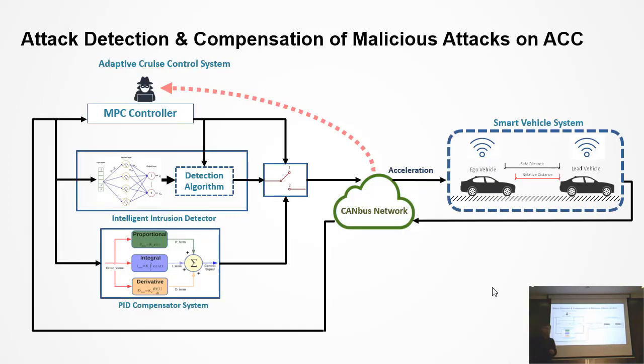It's worth watching. Let's get back to the detection and compensation model. As I told you, we monitor the behavior of the controller. In this scenario that we have designed, which is a paper we just published, we use the model predictive controller as the main system controller.